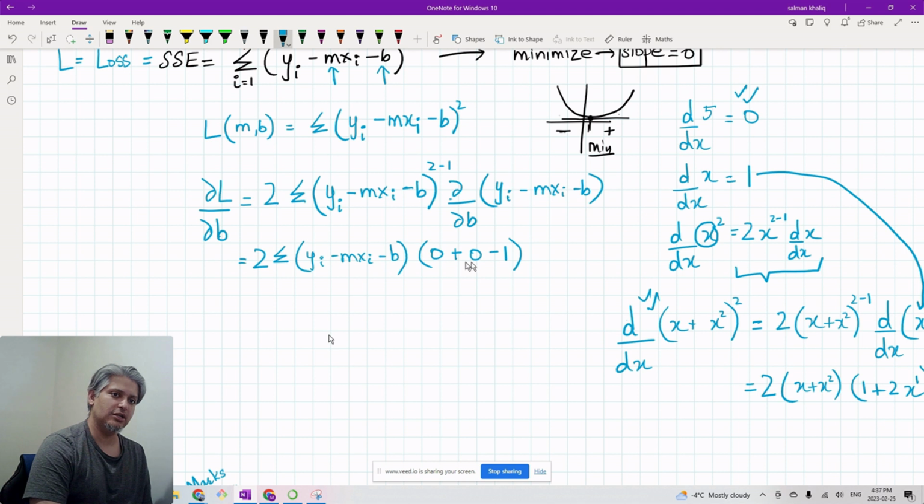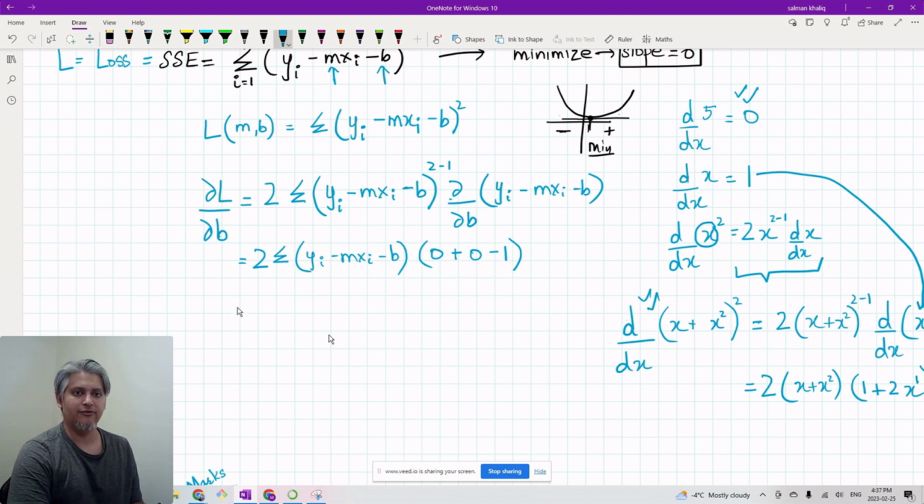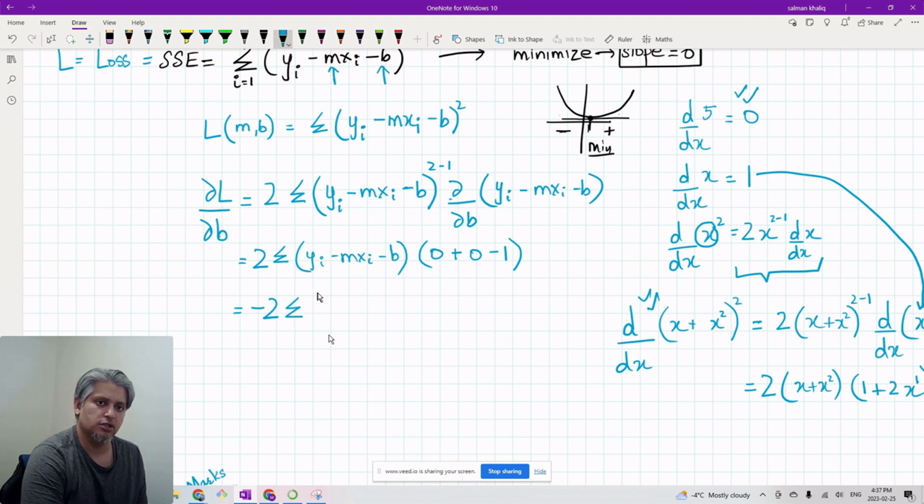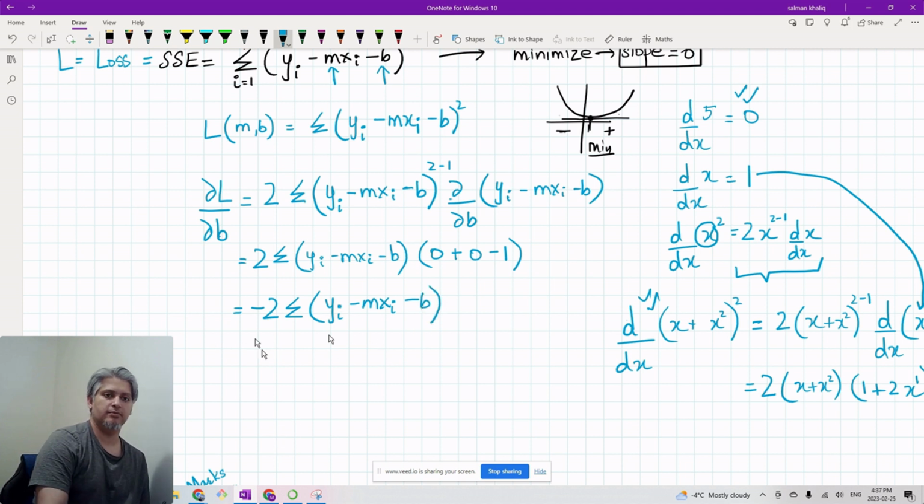So technically over here, you end up getting negative 1, and this negative 1 can be multiplied and written outside. And we just figured out the loss function's derivative with respect to the b variable: negative 2 summation yi minus mxi minus b. That is what we got.